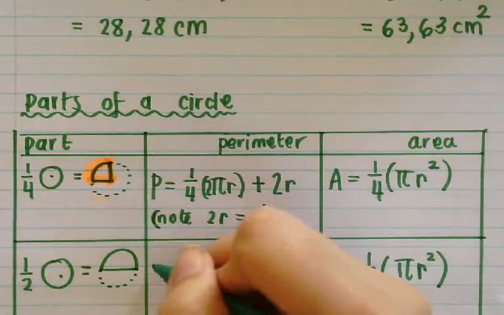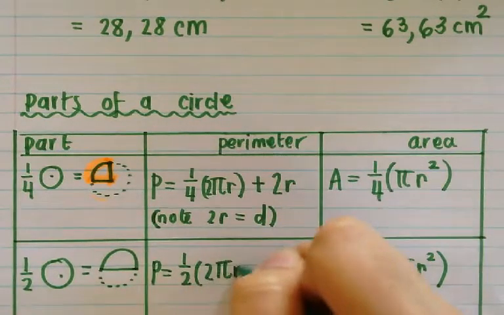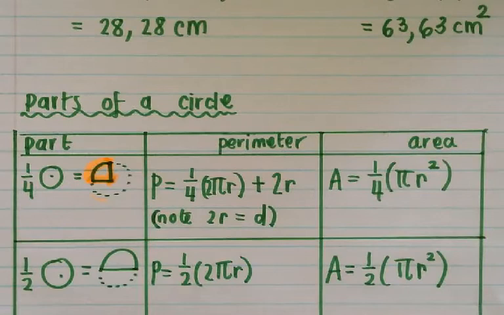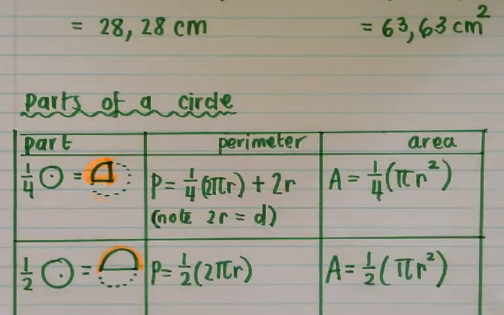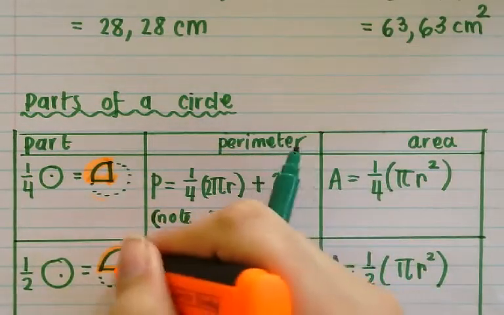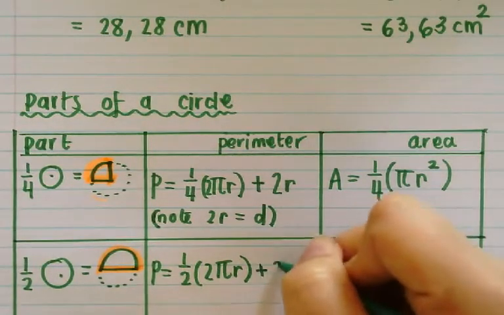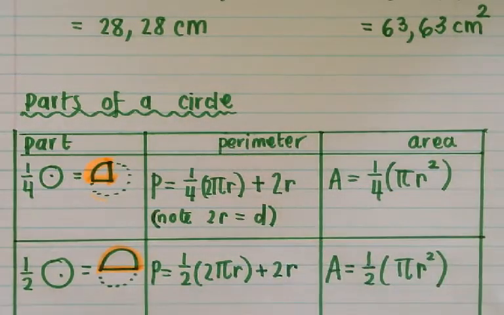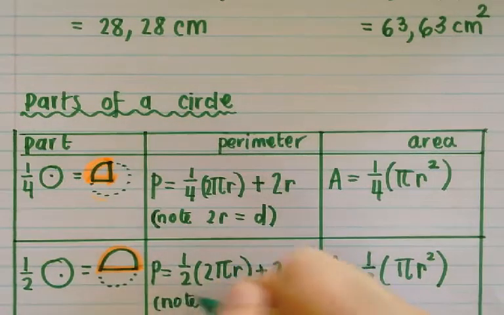But if I take my perimeter and I half my perimeter, then I only get the curve. I still need to close that curve to make a shape, which is 1, 2 radii. And once again, 2 radii is also the same as a diameter.